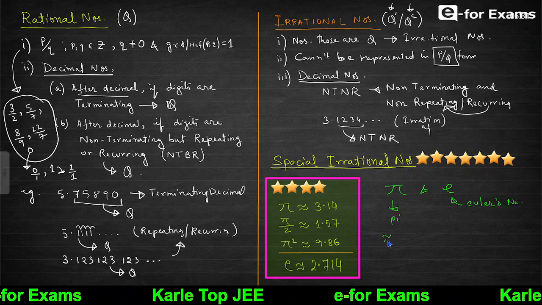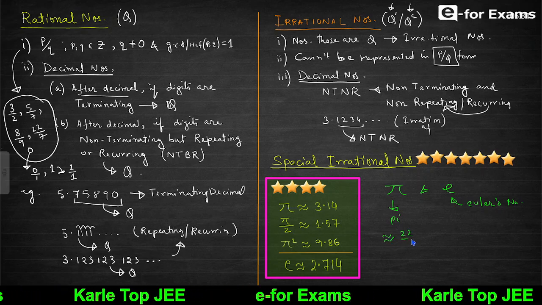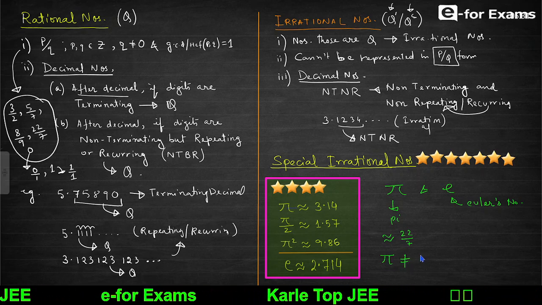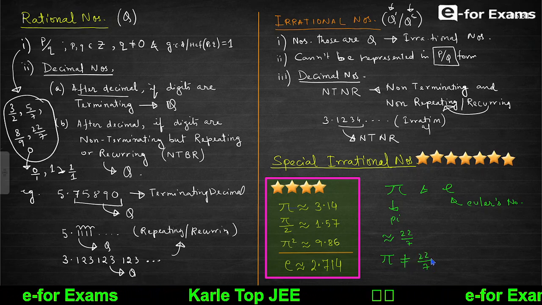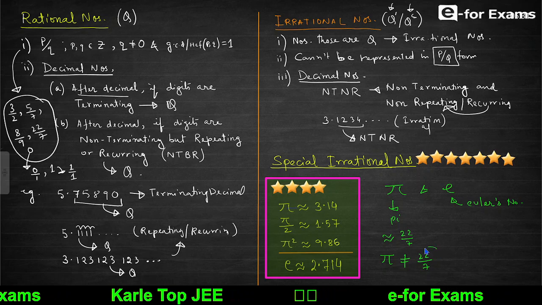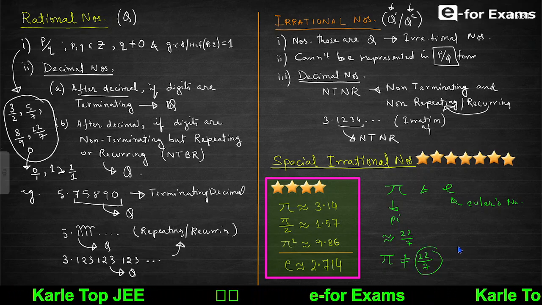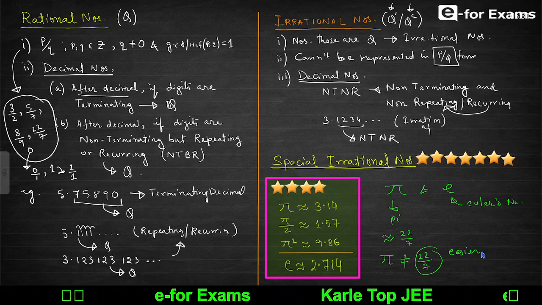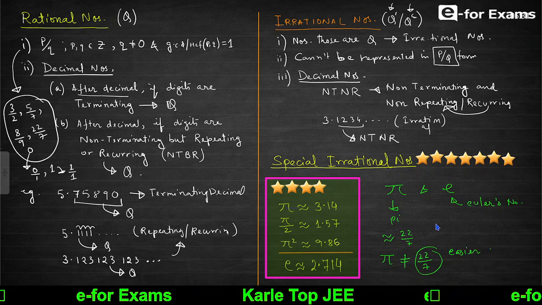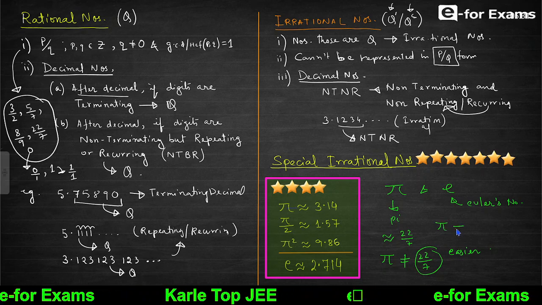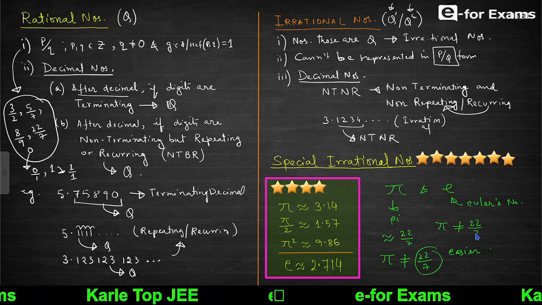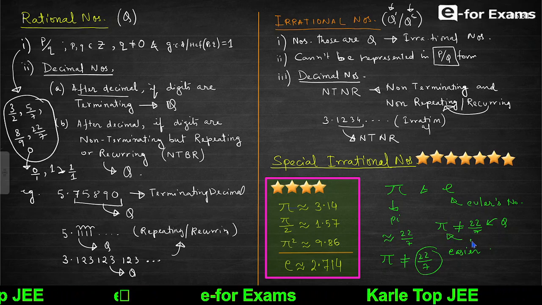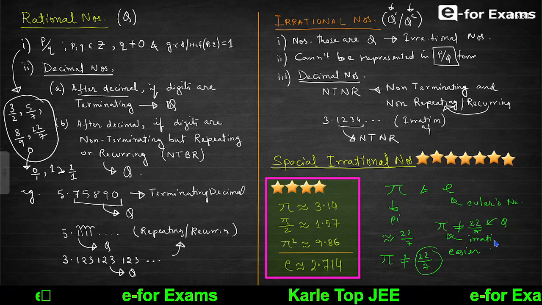Pi is approximately 22/7. Remember that pi is not equal to 22/7. We take 22/7 as pi to make our calculation easier. But in reality, pi is not equal to 22/7. 22/7 is rational, but pi is irrational.